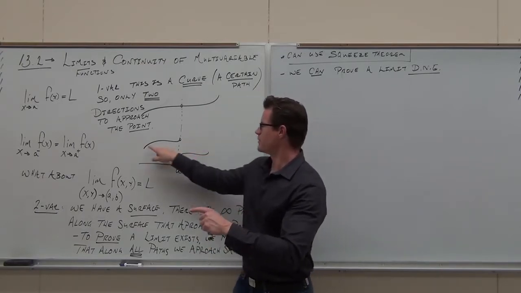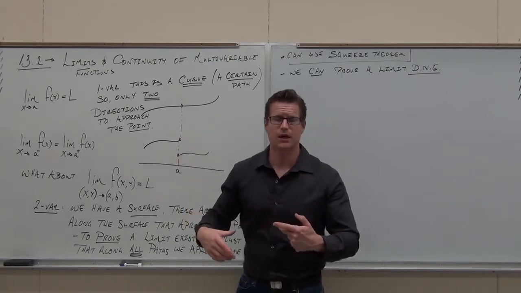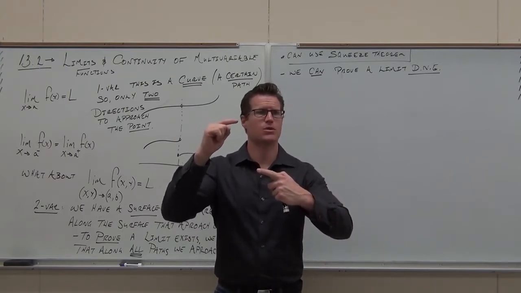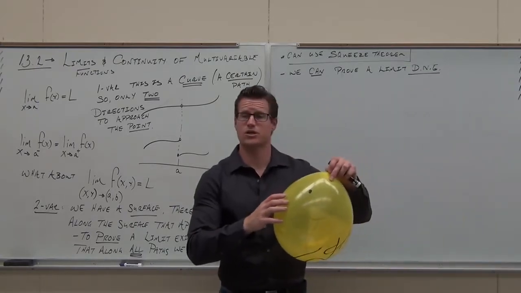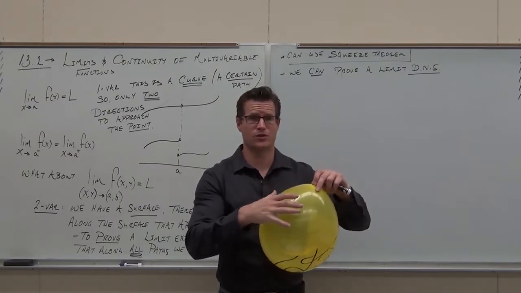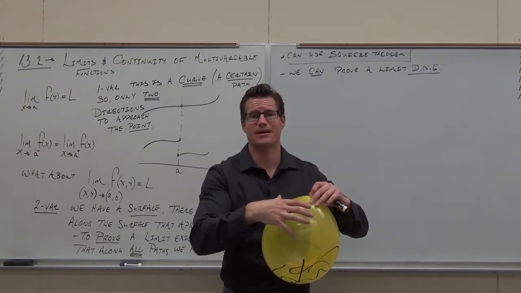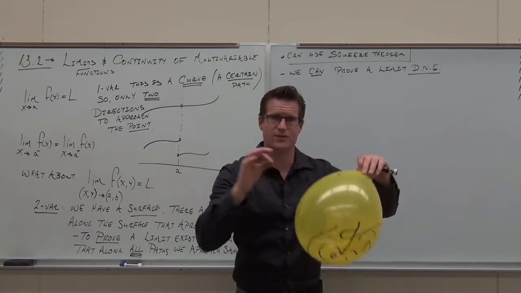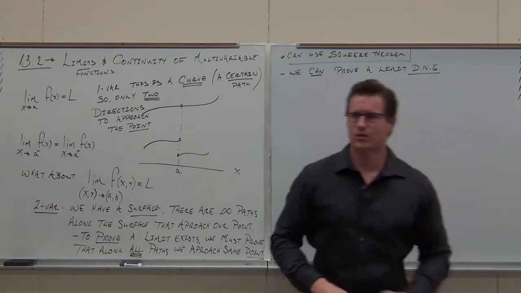From one direction and from another direction along the curve, we're equaling a different value. That's the idea. On a surface, it's from one path and another path, we'd equal a different value. I can't show you with this, and we're going to show this a little bit later. This will be continuous at any path because it's defined everywhere. There's no holes. There's no asymptotes in 3D. There's nothing like asymptotic planes. So this will be continuous everywhere, which means that all the paths lead to this at that point. So that's okay.